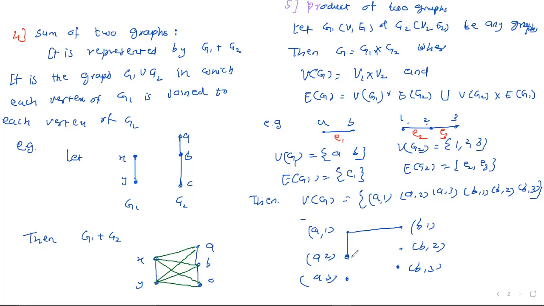Here we have 1, 2, here we have 2, 3. But here also we have 1, 2 and here also 2, 3. And this is A, this is B. So when we connect edges, when we form edges, what do we do?